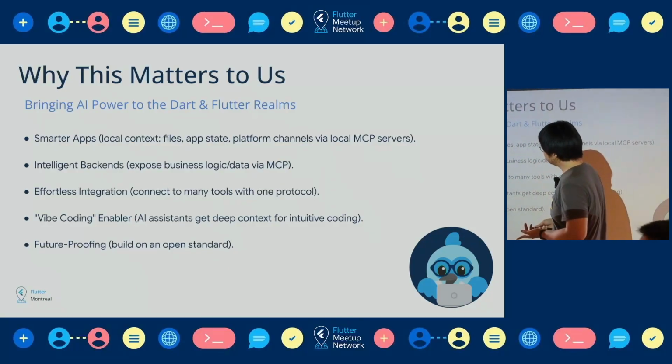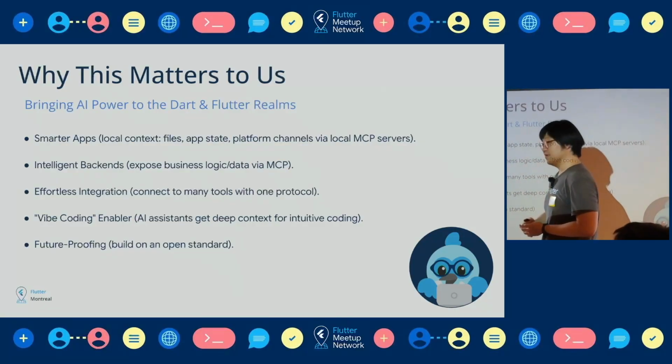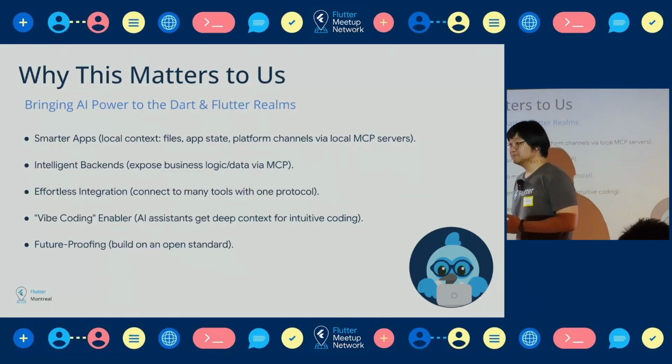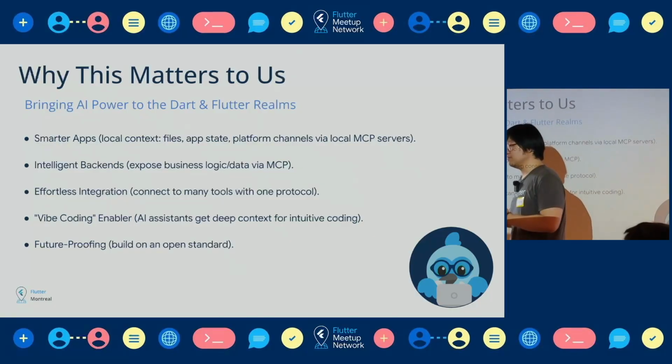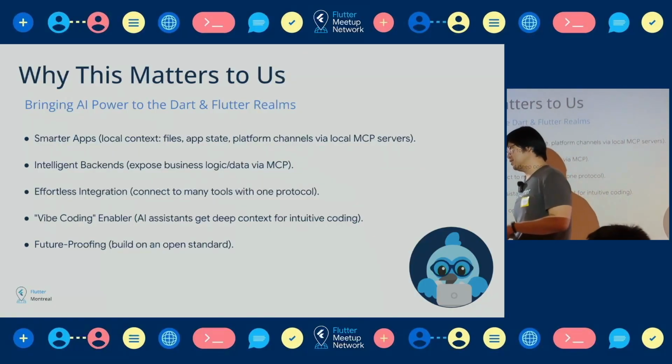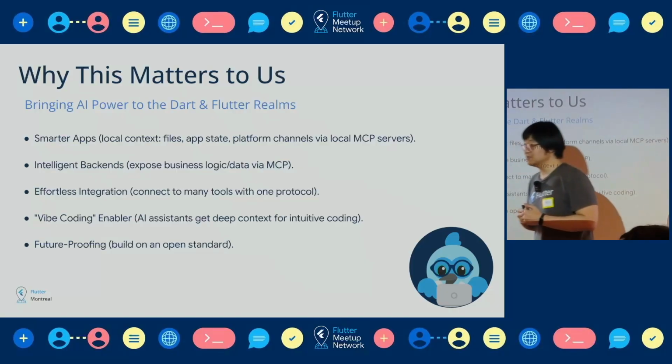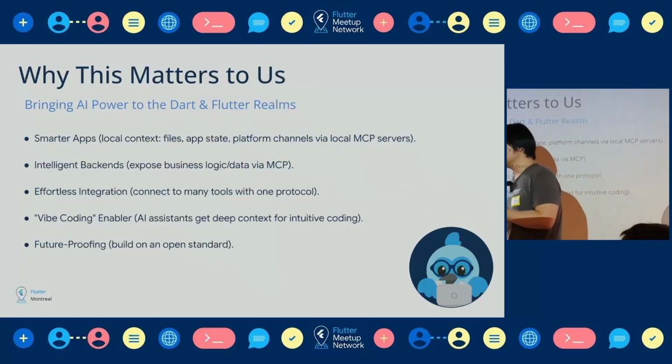Okay? And yeah, it's future proofing. So basically, let's say you are making an AI application yourself. Now you have the feature that in your application, you can use AI, you can ask something to the AI model and so on. And then you might implement some kind of agentic feature that calls some function in your application and so on.